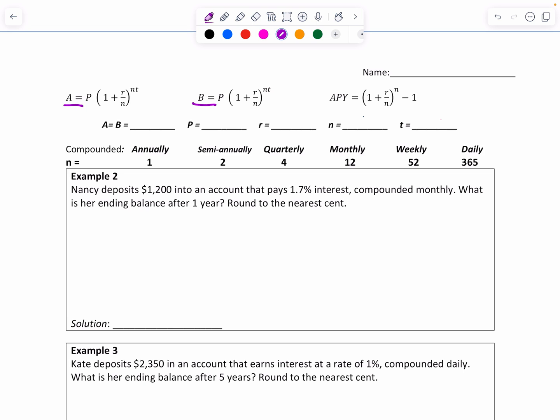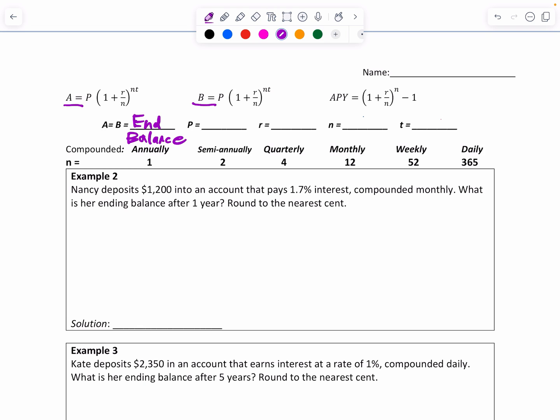Either way, that stands for how much money you have in your account at the end. So it's not your interest earned. It's your ending balance. That's really good news. That's going to save you a step based on the formula we were doing yesterday.